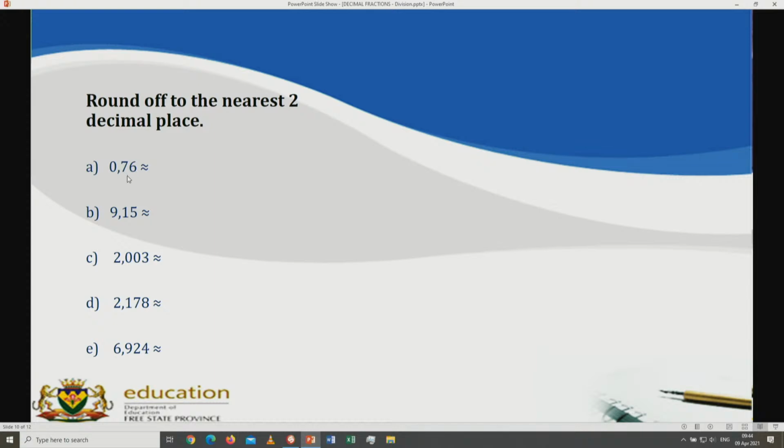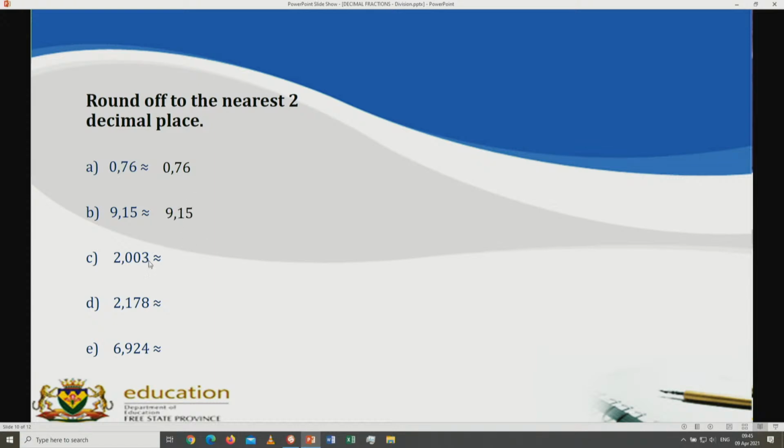We must have 2 decimal places, and these are hundredths. So what is going to happen? I've already given you, it will remain like that, because we know we are looking at the thousandths. Here the thousandths will be what? 0. Here the thousandths will be what? 0. Here the thousandths are 3. Here the thousandths 8. Here the thousandths are 4. So looking at that, it will remain 0.76. Remain where you are.